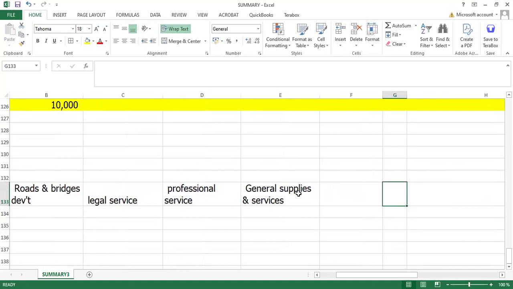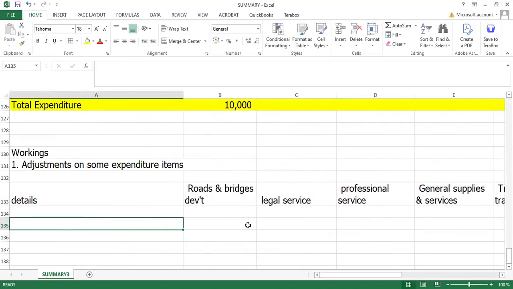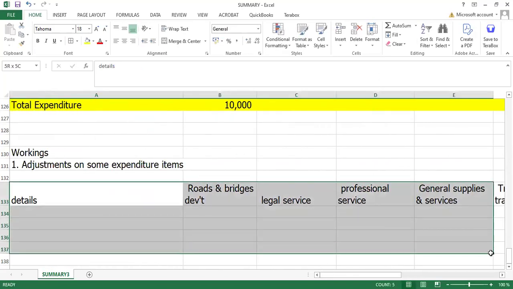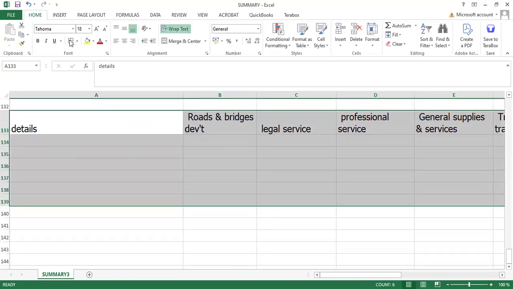We can create that, travel and transport. It will be affected. We need to adjust that. Okay.